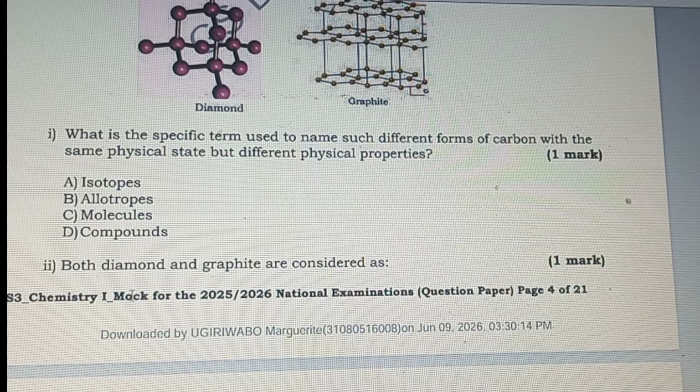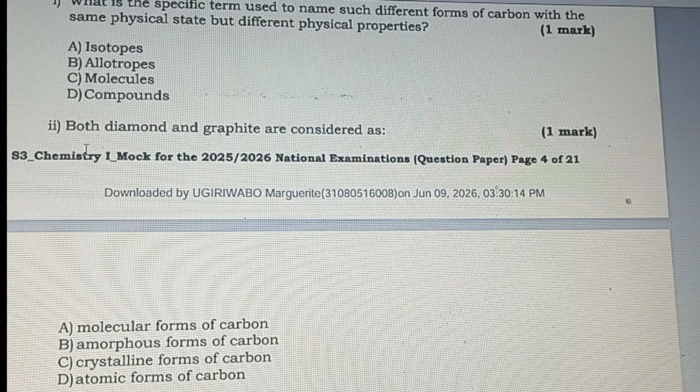The best term for different forms of carbon with the same physical state but different physical properties is what we call allotropes. B. Allotropes are the different forms of the same element that exist in the same physical state but have different arrangements of their atoms. B. 6.2.